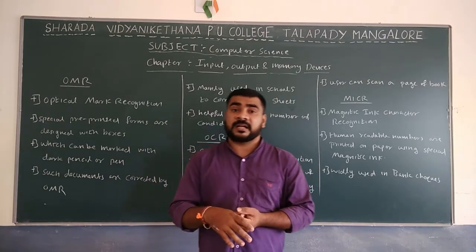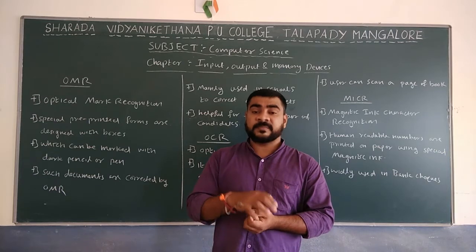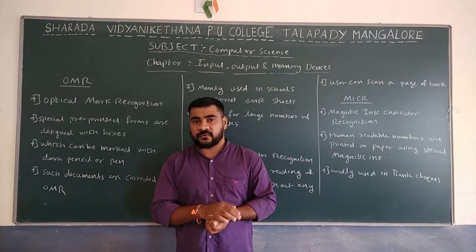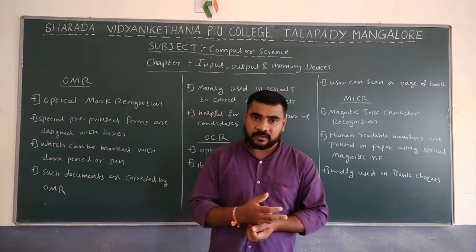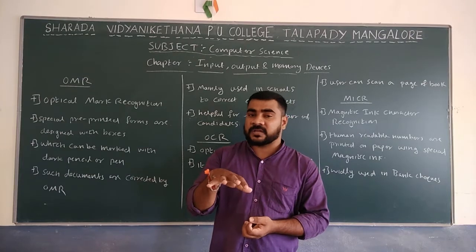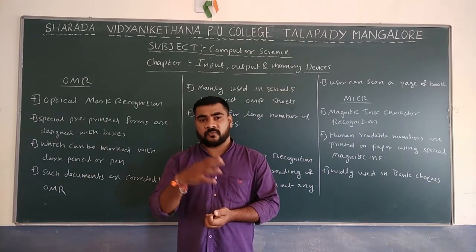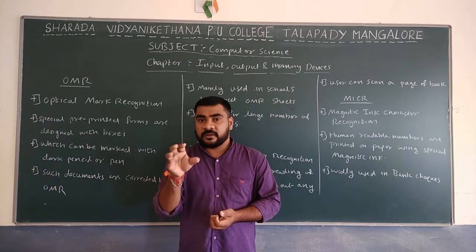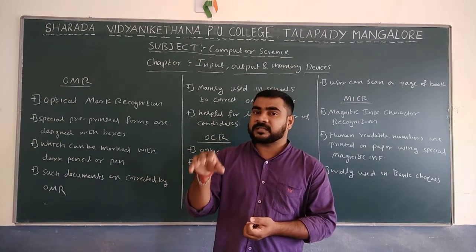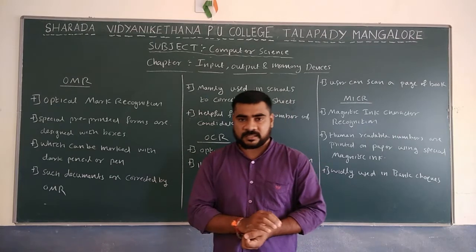The OMR sheet mainly contains boxes and is used for MCQ questions. Options will be available, 1, 2, 3, 4 or A, B, C, D. Based on the particular options, the applicant has to fill in the form. If A is the answer they mark A, if B then B. They are marking the answers by bubbling them.